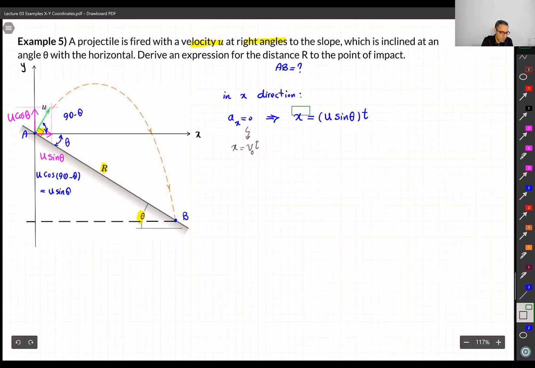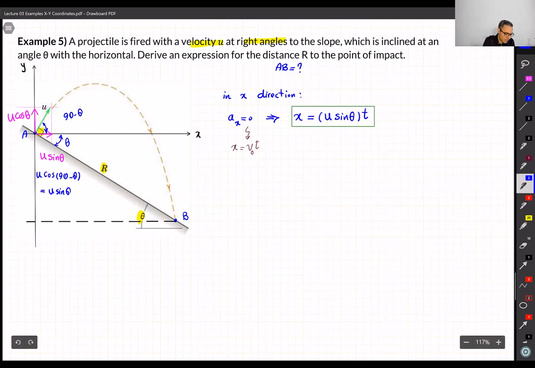We figure it out. Let's do the same things for y direction. So in y direction, we know that acceleration is constant, it's g. And immediately we know when things are constant, like acceleration is constant, we have this nice formula for displacement or position, which is half of a t squared plus v0 t, right?